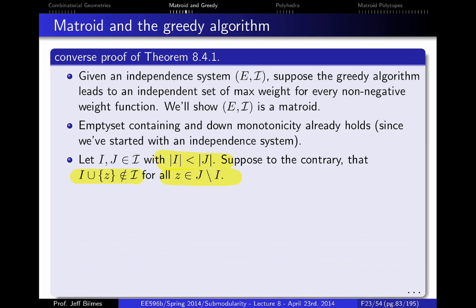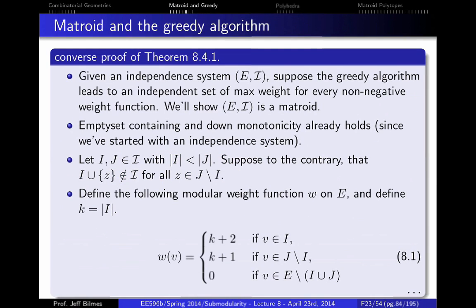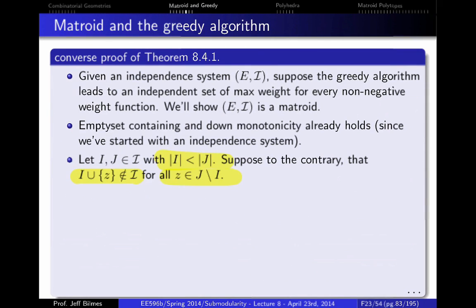Okay, so we're assuming the contrary, that it's not a matroid, but it is the case that greedy guarantees you the maximum weight independent set. Now, greedy works for any non-negative weight function.